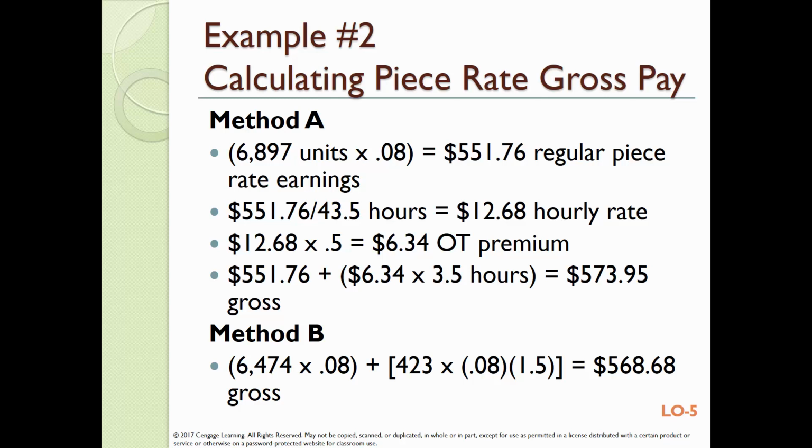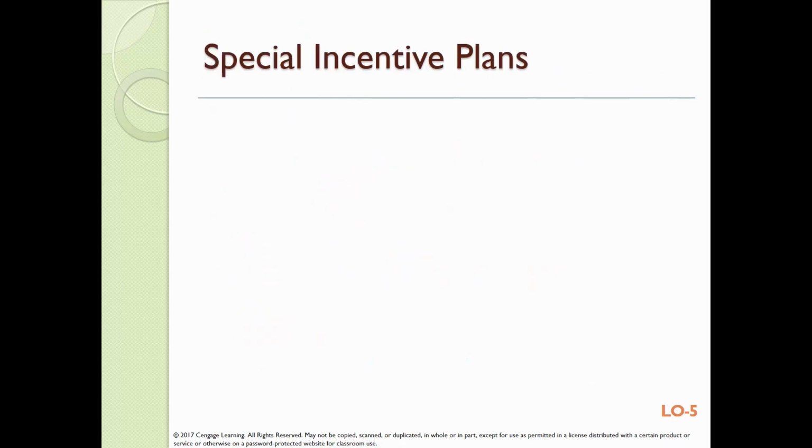You take that 8 times 6,454. Right, not the difference in the hours, the difference in the number of units. And then the last 423, she's paid at 10. That's her rate.